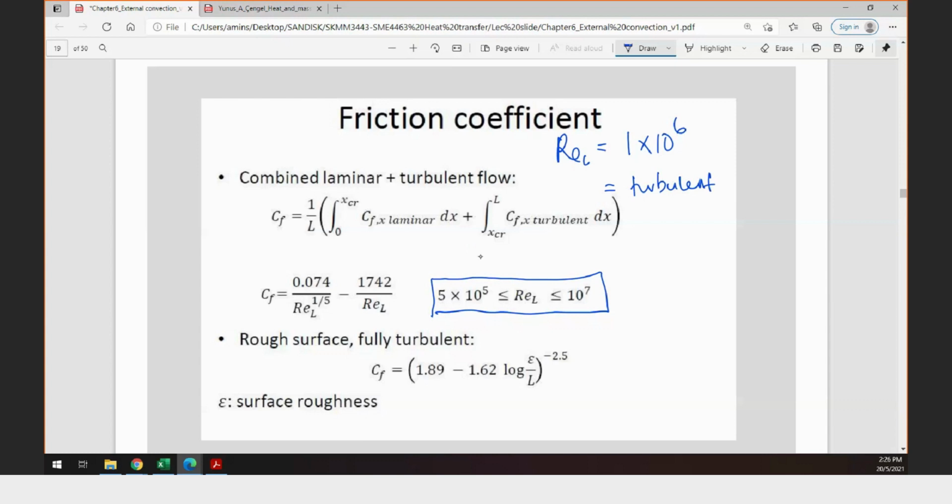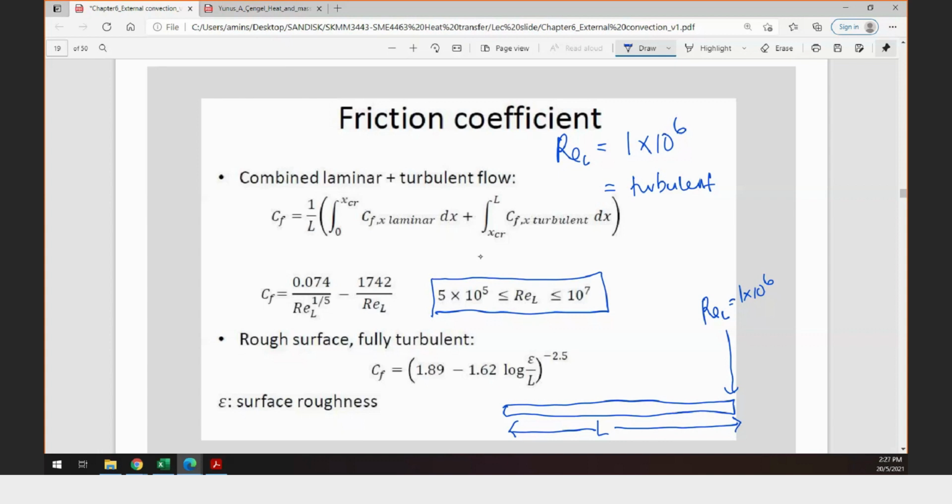So you need to understand the geometry of the flow on top of the surface. You get the Reynolds number of 1 times 10 to the power of 6 at this point. Meaning probably at this region. So where is the critical value?